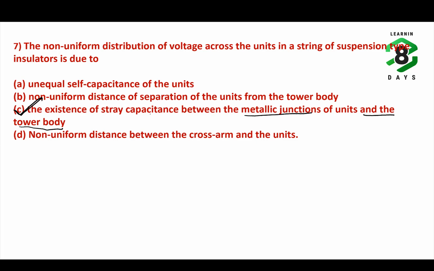Because of this stray capacitance, there are leakage currents flowing from the metallic junction to the tower body. Because of these leakage currents, the current distribution through the discs in the suspension type insulators is different, and thus they have different voltage drops.